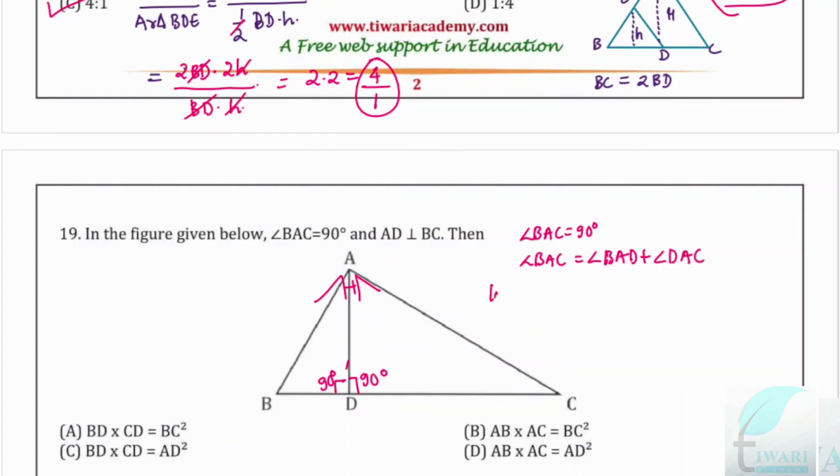Let angle DAC be theta. So angle BAC will be equal to angle BAD plus theta. We know that BAC is 90 degrees, so angle BAD will be 90 minus theta.